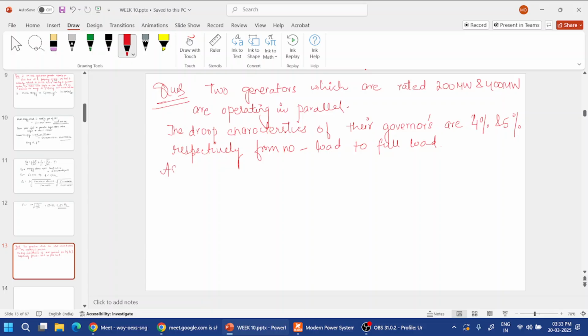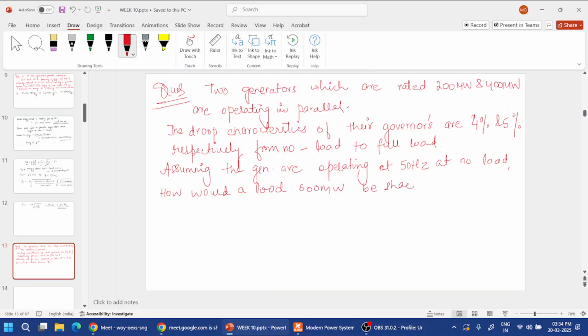Assuming the generators are operating at 50 Hertz at no load, how would a load of 600 megawatt be shared between them?